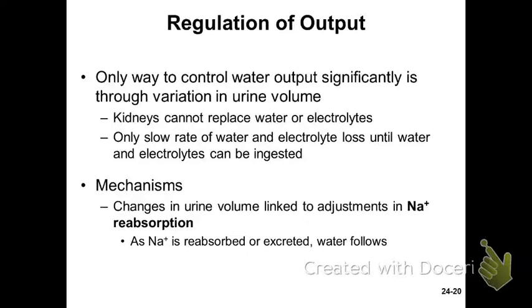So we have to be getting our electrolytes and water in through our digestive system while regulating how much we lose through the urinary and other systems. And what you're going to see is that the major player here is sodium. So sodium is going to be an important electrolyte as we think about how the kidneys respond and how they are going to release water.